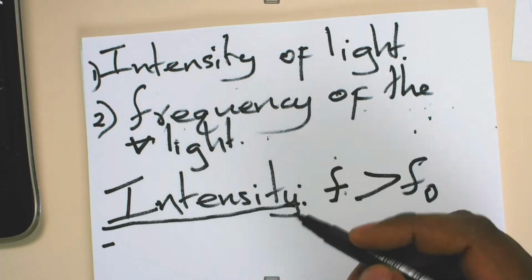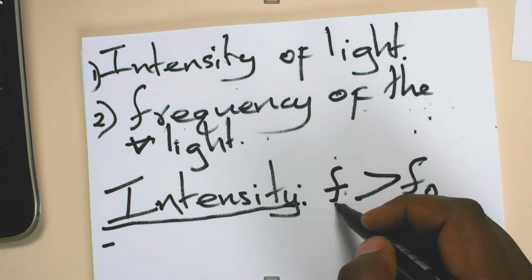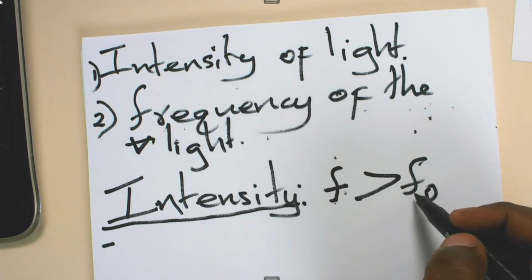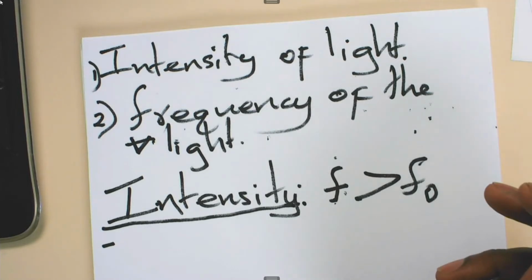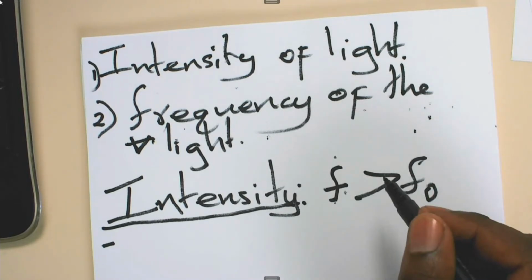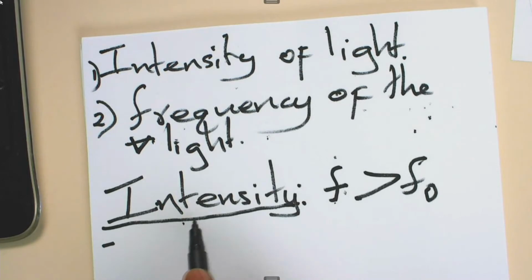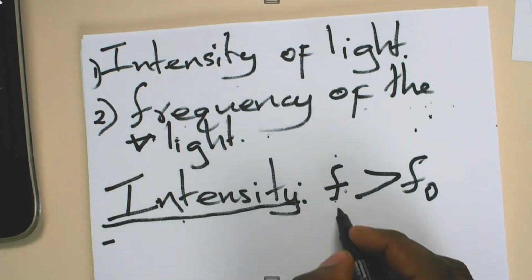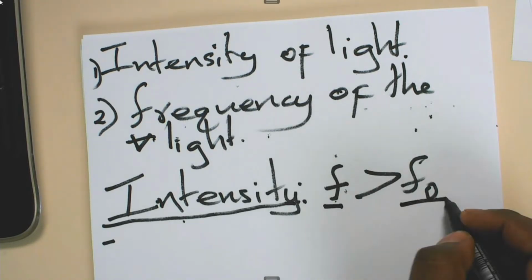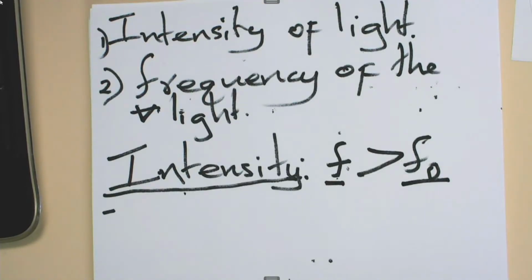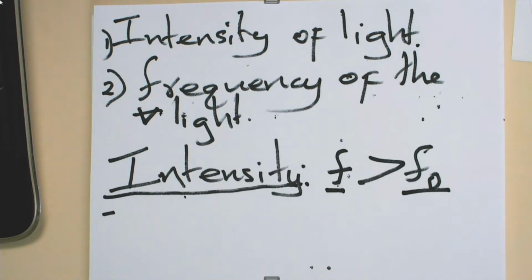Increasing the intensity of light that has a frequency less than the threshold frequency will not do anything to the photoelectric effect or the current that we want to produce. So for us to increase the amount of current that we want to produce, it must be the intensity of light that has a frequency greater than the threshold frequency. So what then happens when we increase the intensity of light?